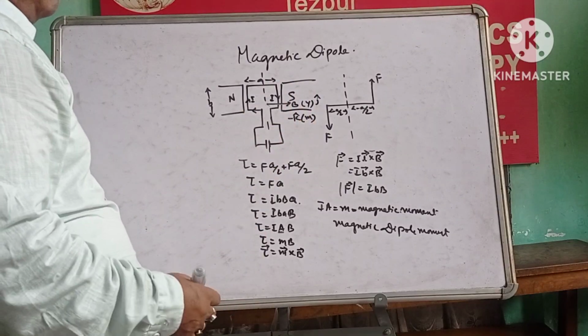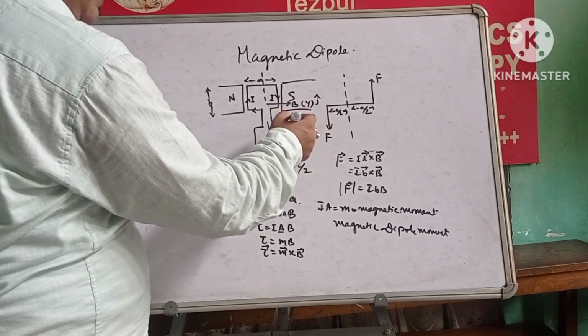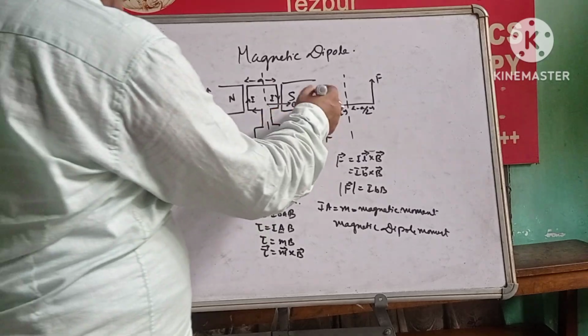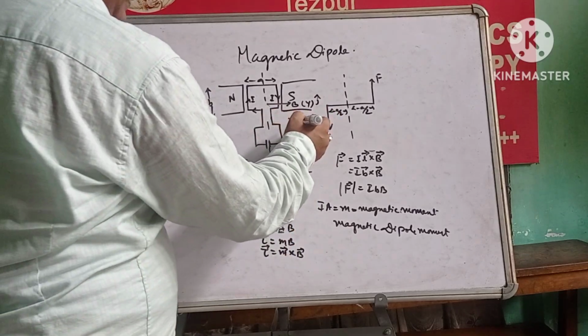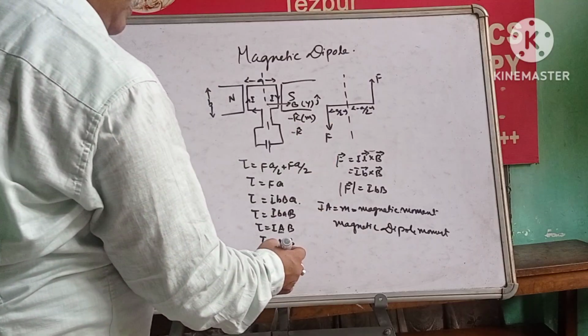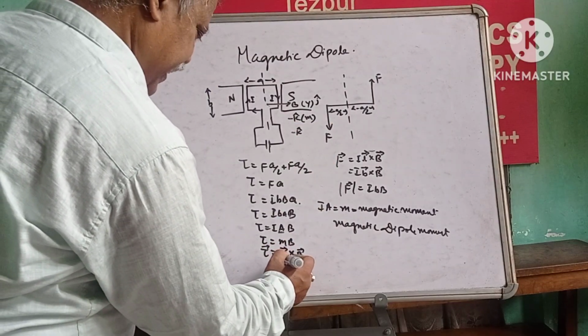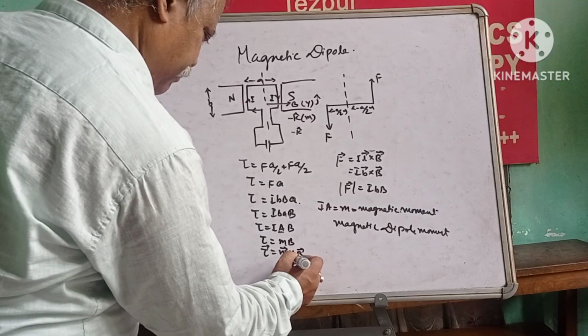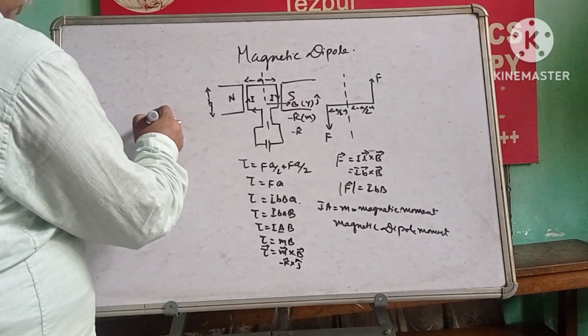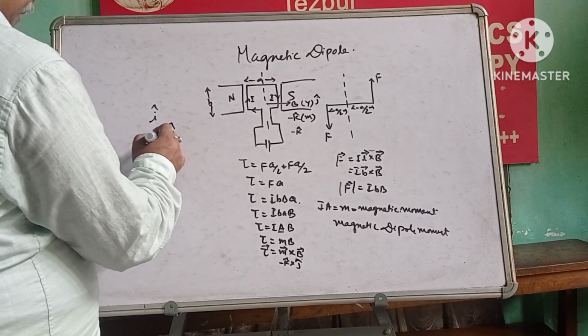So M cross B is minus k cap cross j cap. Here you see i cap, j cap, k cap.